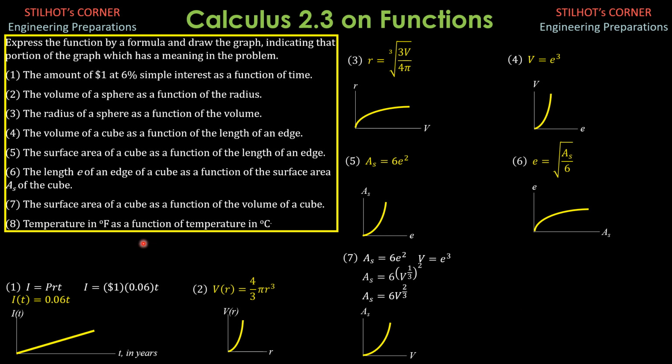Then temperature in degrees Fahrenheit as a function of temperature in degrees Celsius. So we use the important data. The freezing point is 0 degrees Celsius and 32 degrees Fahrenheit, while the boiling point is 100 degrees Celsius and 212 degrees Fahrenheit.